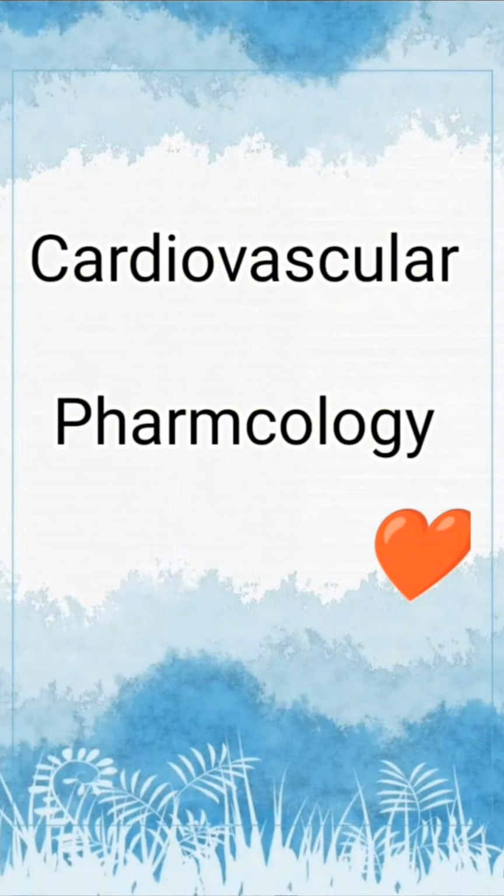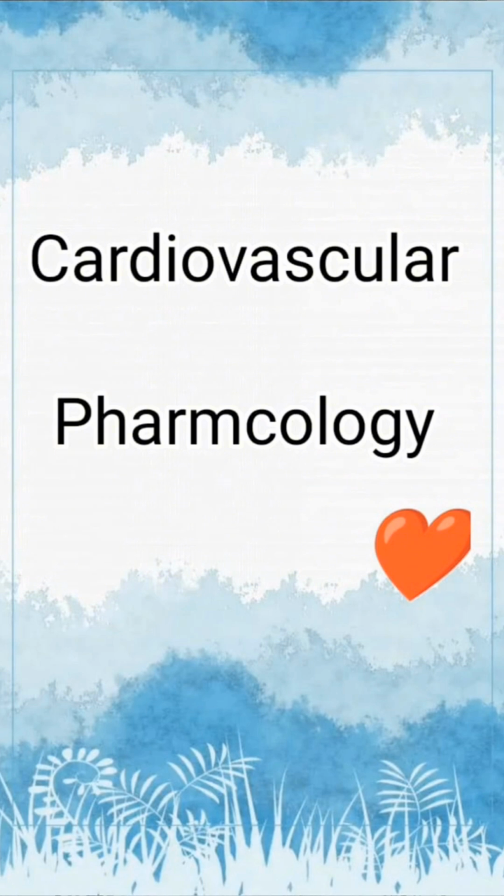One thing we have to keep in mind is to be very careful when giving beta blockers in a patient with decompensated heart failure, because beta blockers are usually not given in decompensated heart failure. The beta blocker can worsen the heart condition by further reducing the heart's pumping ability.